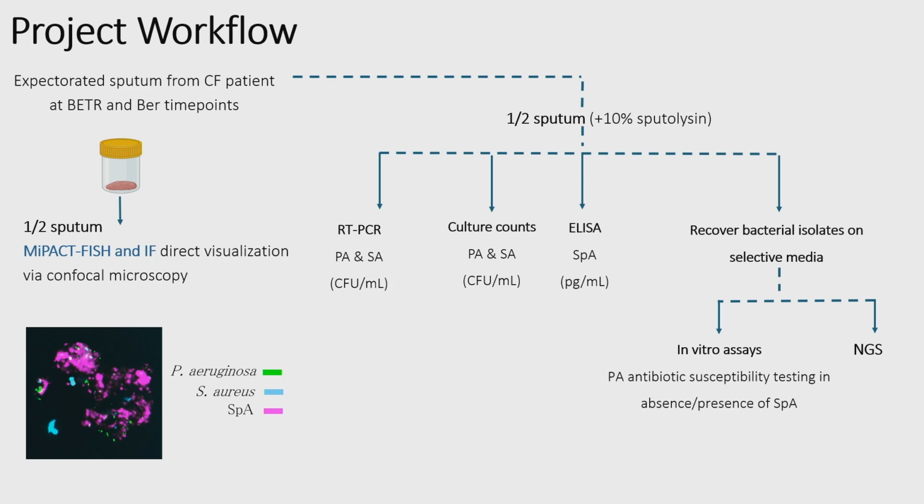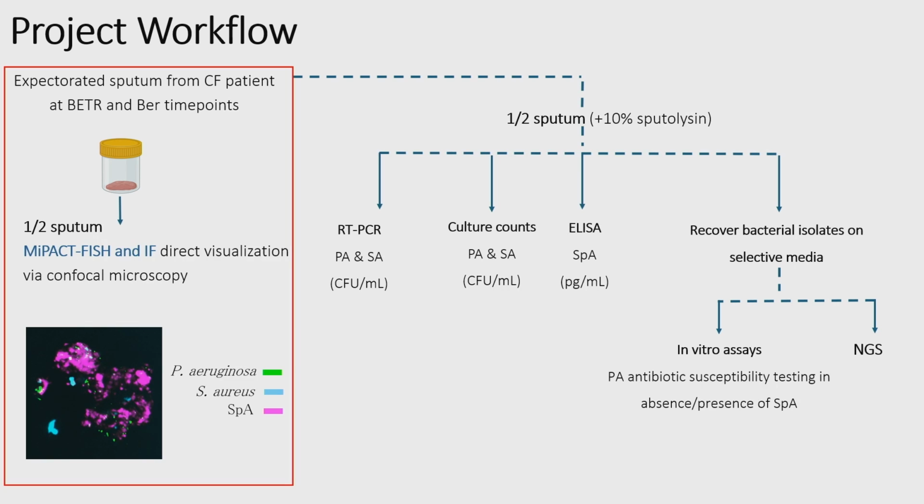And then we also recover the specific isolates of PA and SA that are involved in the infection using selective media, and then we put them in an in vitro biofilm assay looking at PA antibiotic susceptibility in the absence or presence of SPA using the same SA isolate. We're also looking into doing whole genome sequencing with those isolates to further characterize. But for the purpose of this presentation, I'm going to show just the MiPACT stuff for the visualization.